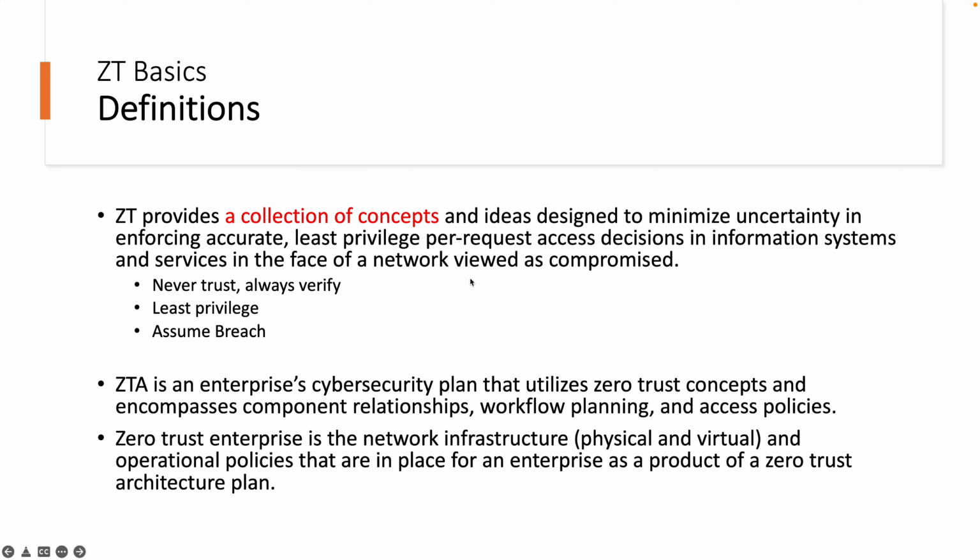Basically, this definition has included all three principles we mentioned in last video. To minimize uncertainty means never trust, always verify. In enforcing accurate, least privilege, per request access decisions, it always gives users the least privilege, and always considers the network compromised. Apparently it means always assume breach, always set up the network for the worst situation.